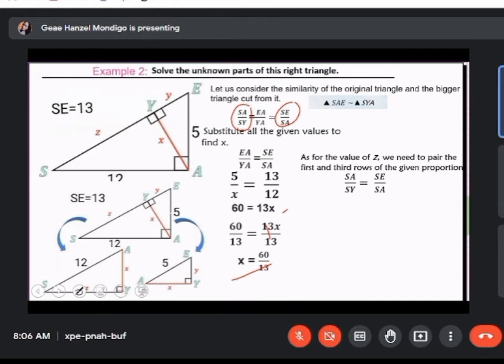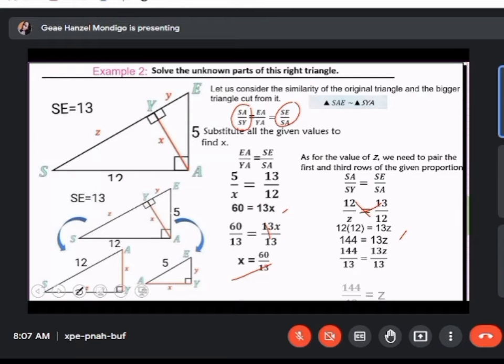Just substitute the values. We have 12 over z is equals to 13 over 12. Then cross multiply. We get 12 times 12 is 144 is equals to 13z. Again, we are going to divide both sides by 13.